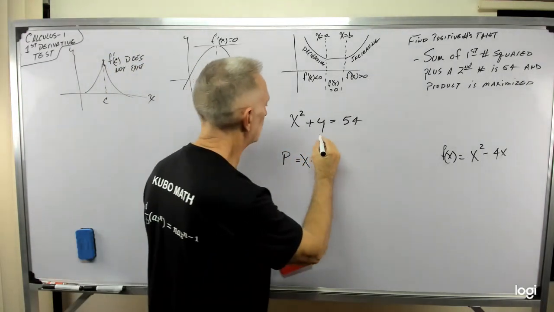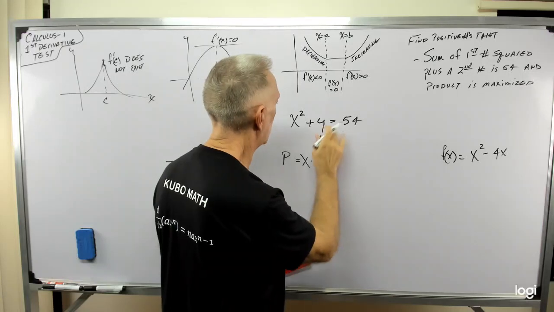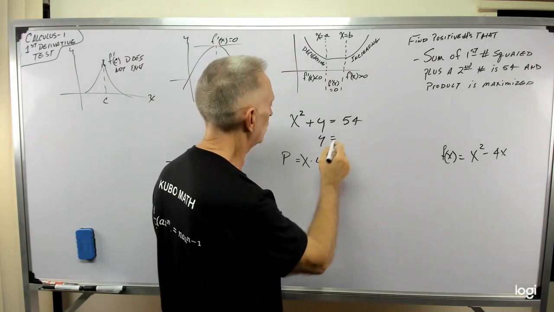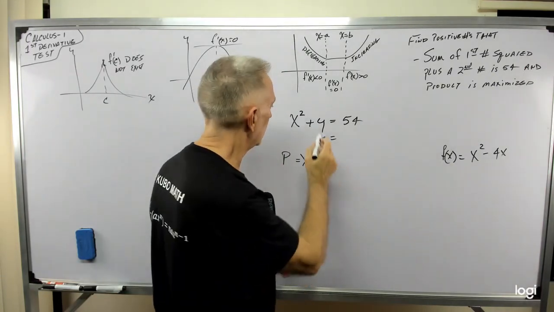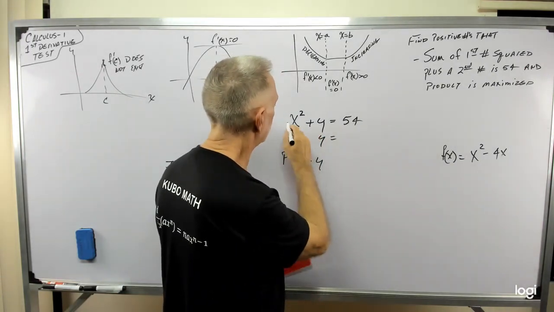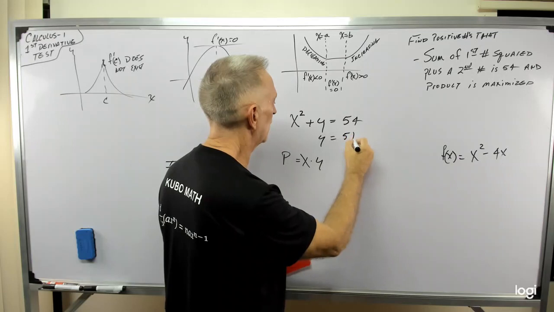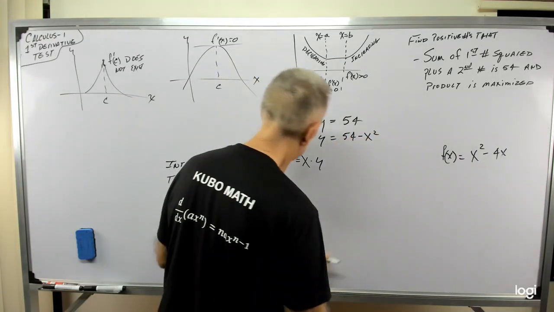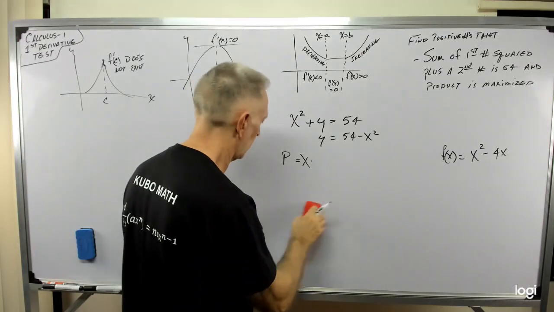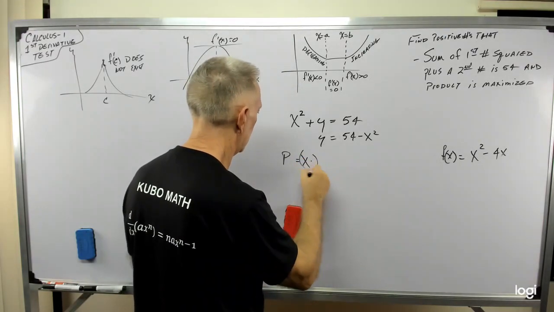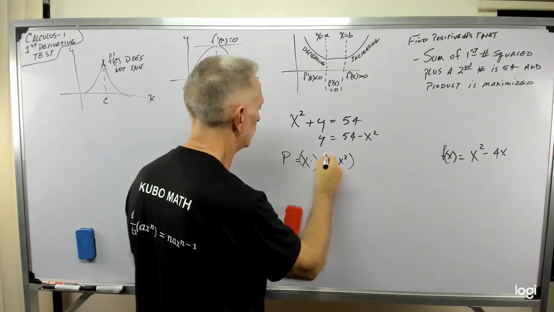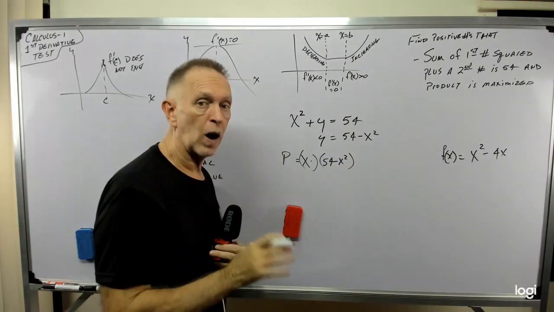Well, I could just solve for y, plug that in here, and then see what we can do to get a derivative. So y equals, I'll subtract x squared from both sides, 54 minus x squared. I'm just going to erase this and substitute 54 minus x squared for y.